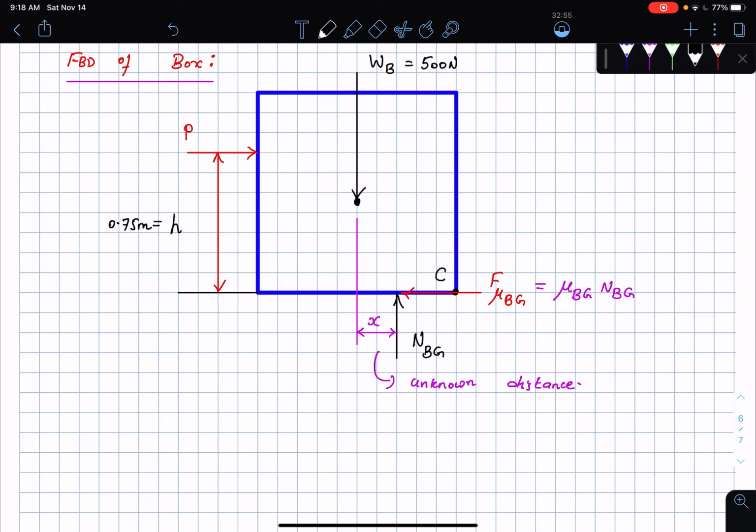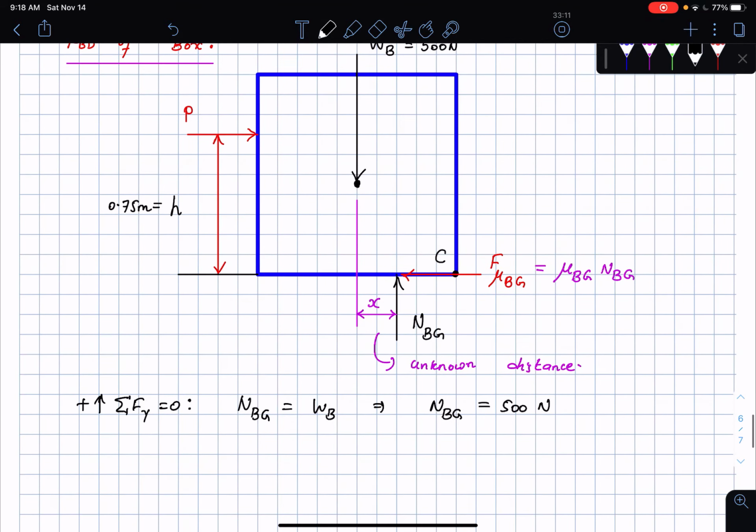I'm going to sum forces in the y direction. That's the easiest way to start. I get NBg equal to the weight WB, so NBg is equal to 500 newtons. This implies that F mu Bg, which was 0.3 times NBg, is now 150 newtons.